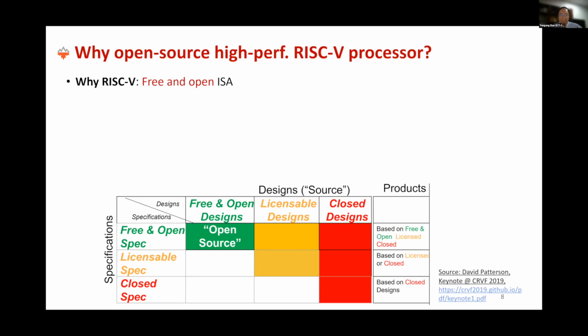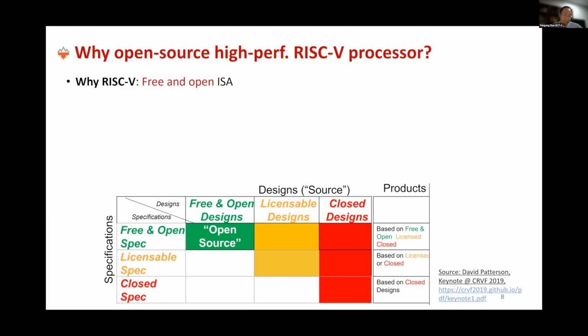Without open ISAs, it is impossible to get an open source design and implementation. Just like in this table, there are 3 categories for both specification and designs. For example, if the specification is closed, then it is impossible for us to get open and free designs.